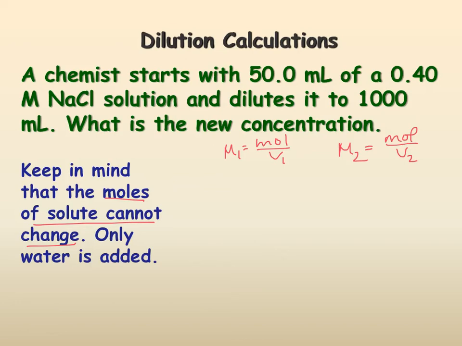So if you write this, M1V1 equals moles, and that mole is also equal to M2V2. You can really think of these problems as your molarity and volume of your original solution has to be equal to your molarity times the volume of your second solution.